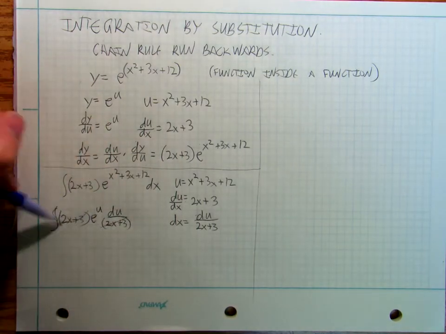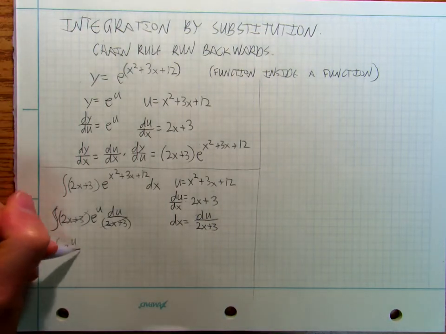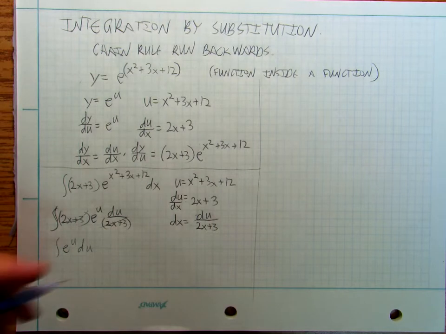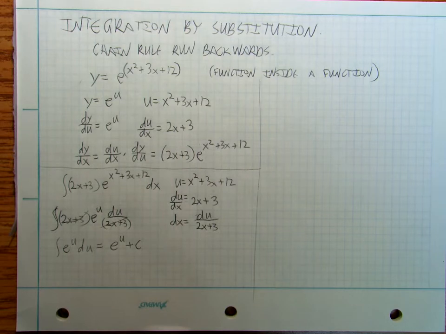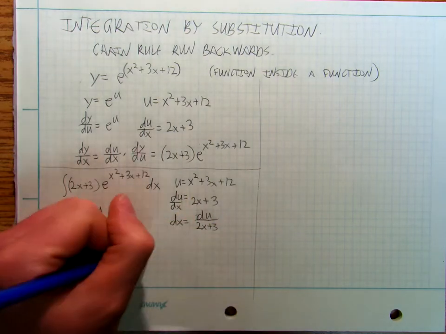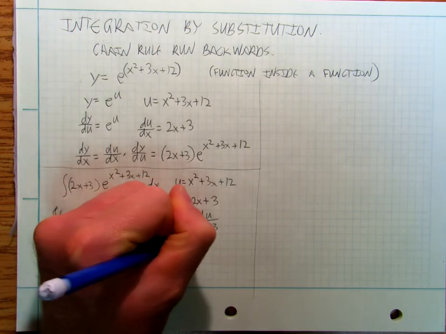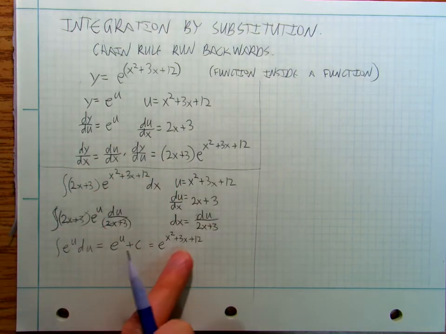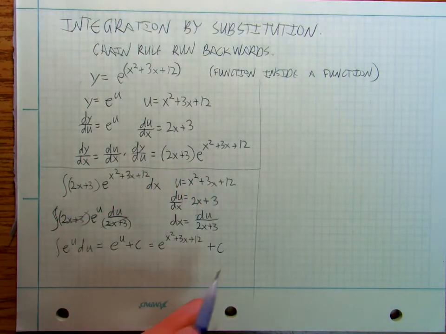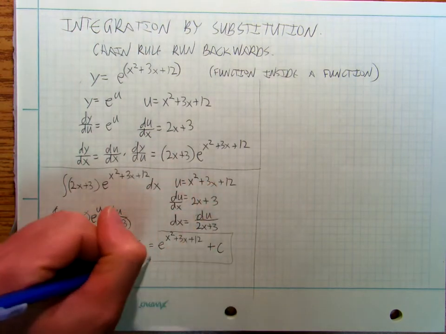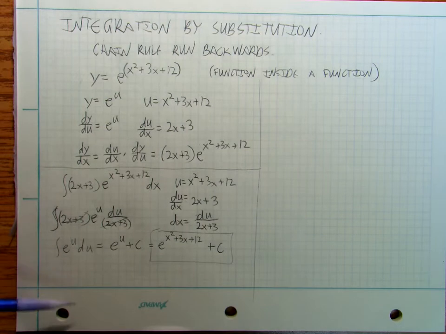The 2x plus 3's cancel out, and so I'm left with the integral of e to the u du, which I know is just e to the u plus c. And then I also know that u is x squared plus 3x plus 12, so the answer is e to the x squared plus 3x plus 12, and then I have this plus c, because there's always an unknown constant. So there's chain rule, and then we just run it backwards.